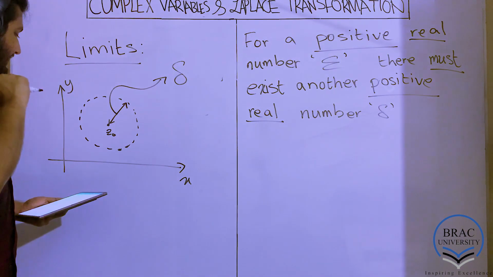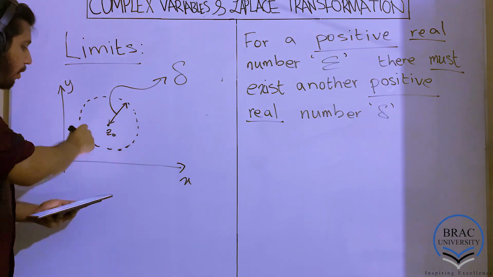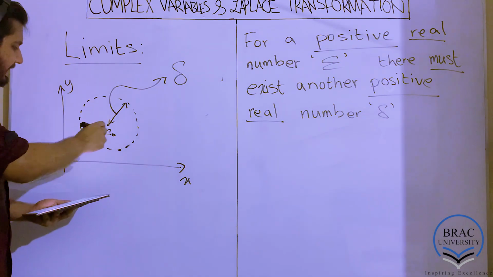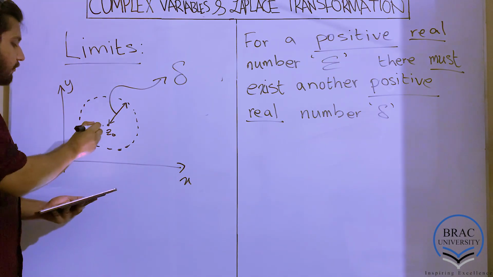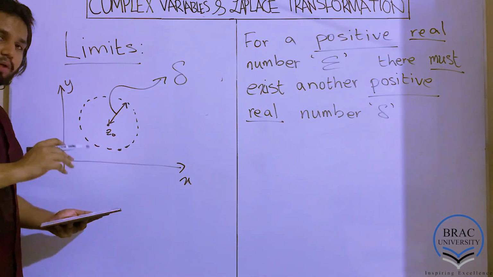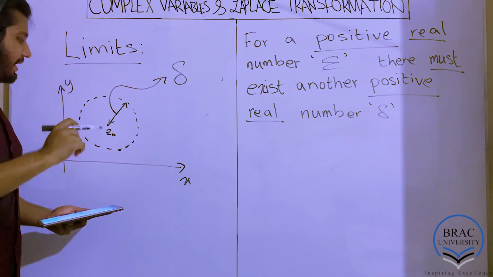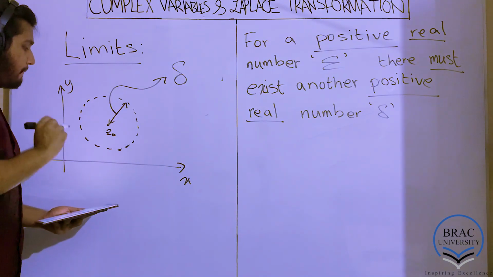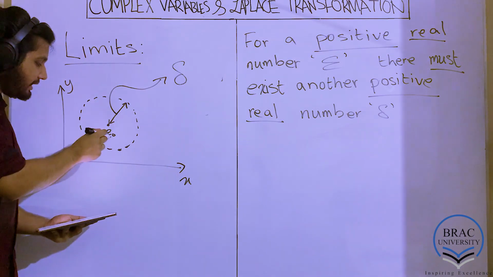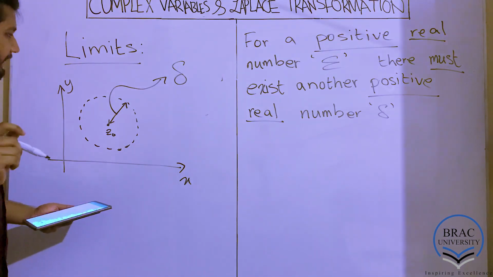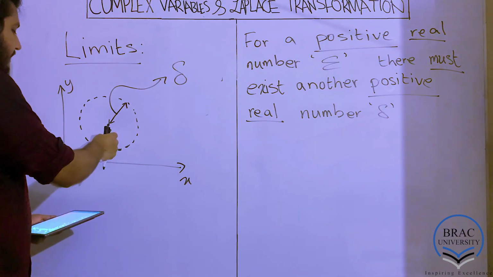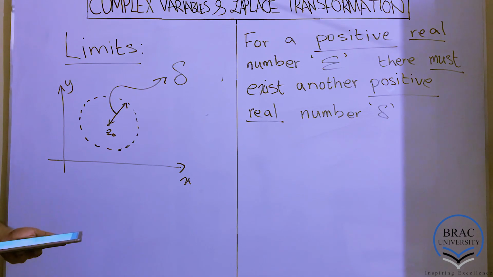What do I mean by deleted? This open ball consists of all the elements Z inside it except for Z0. Inside this ball you will have all the numbers Z which can exist inside it, but deleted means that it will not contain Z0. So to recap, we have this ball with delta as the radius and Z0 as the center of this deleted neighborhood.